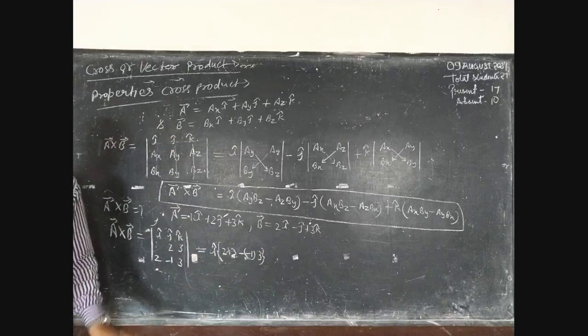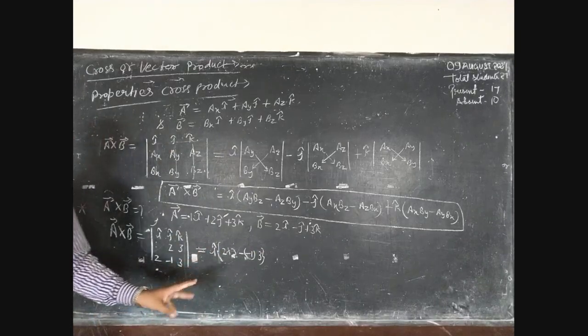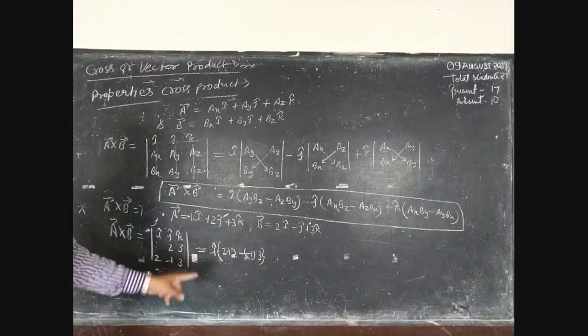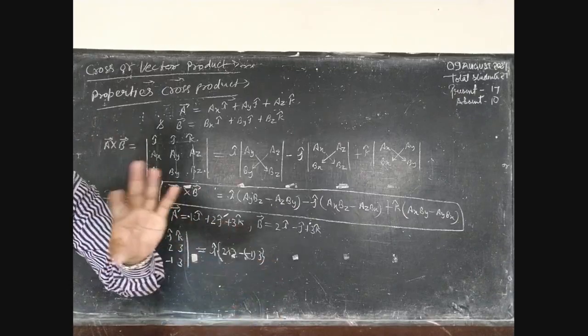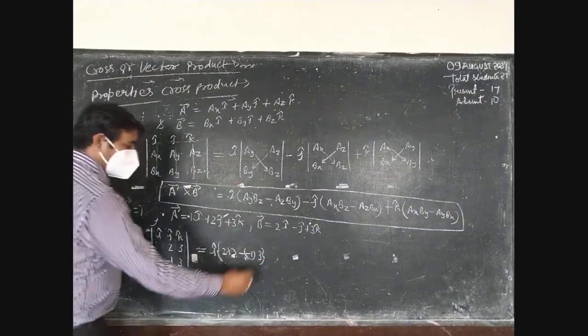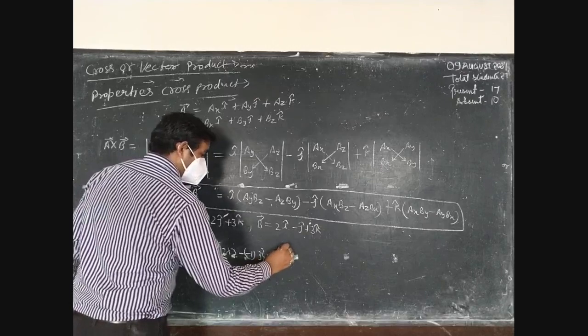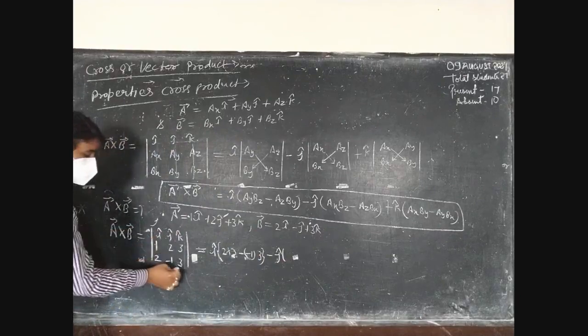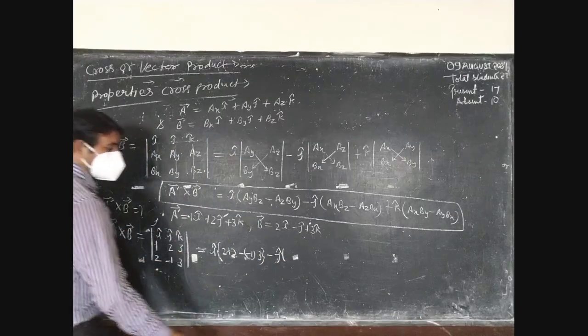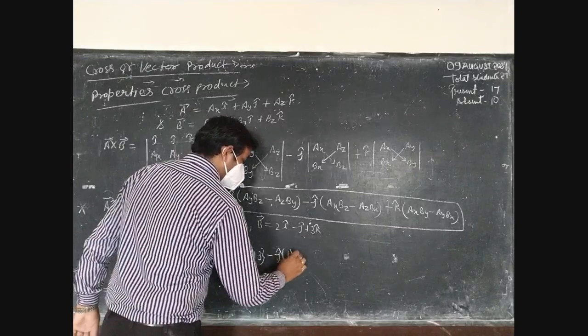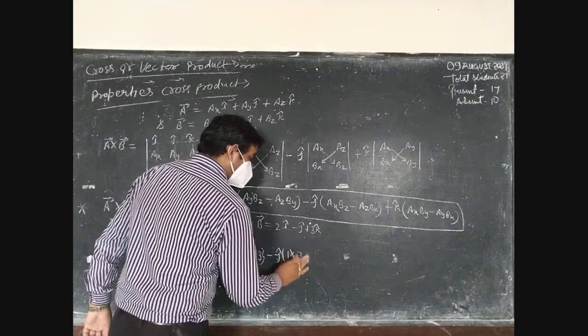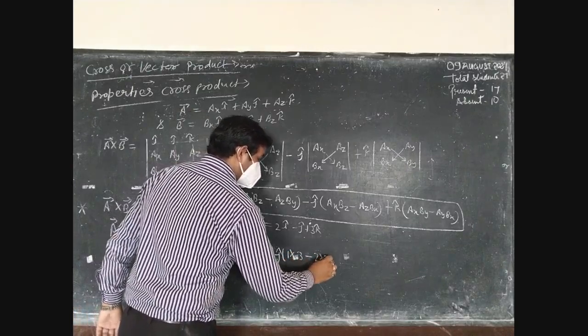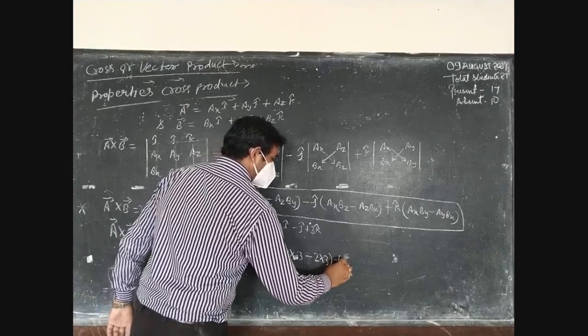Okay, if you practice it too much, it will happen directly, there won't be any difficulty. Okay, then minus j cap, this cancels and this row cancels. So 1 multiply 3 and 3 multiply 2. 1 into 3 minus 2 multiply 3, and plus k.